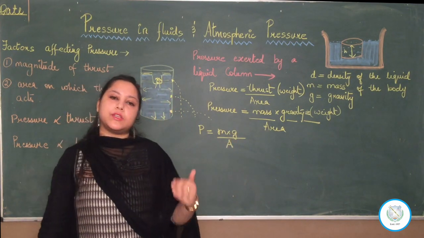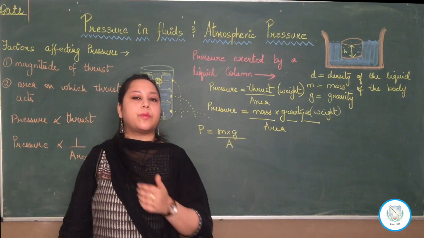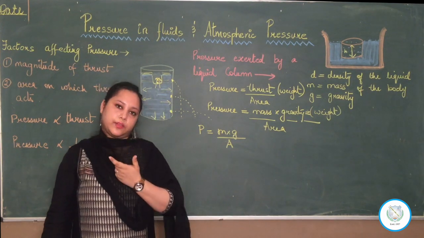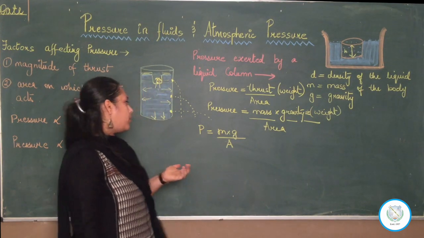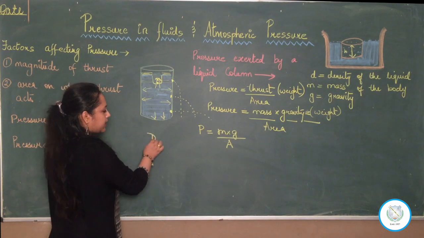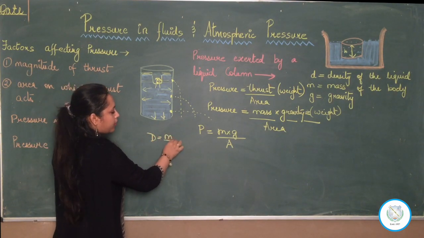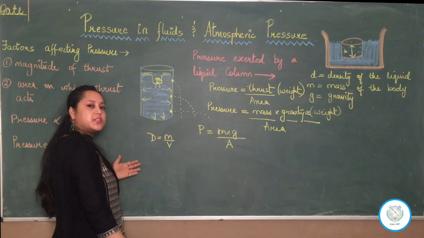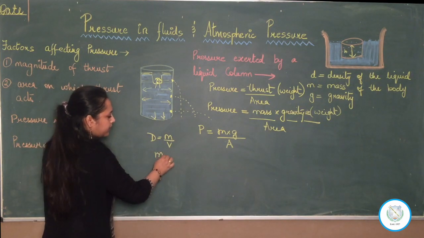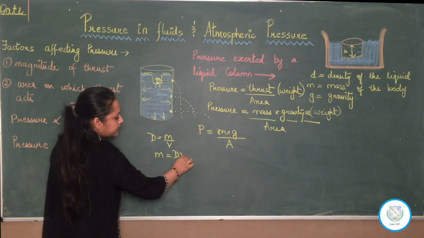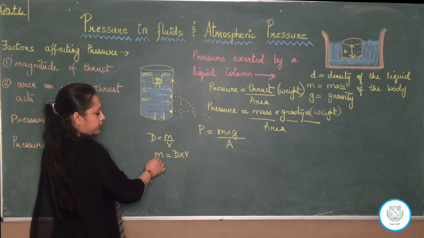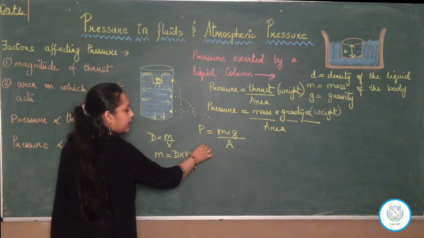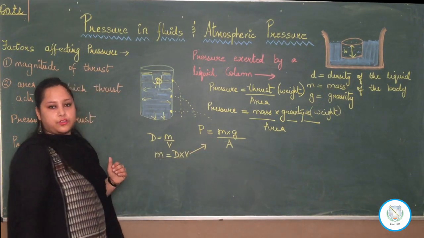In the previous chapter, we studied about density. Now, density formula, if you all remember, density is equal to mass upon volume. So, if we change this formula in terms of mass, it becomes equal to density into volume. So, we will be using this formula in the given equation.